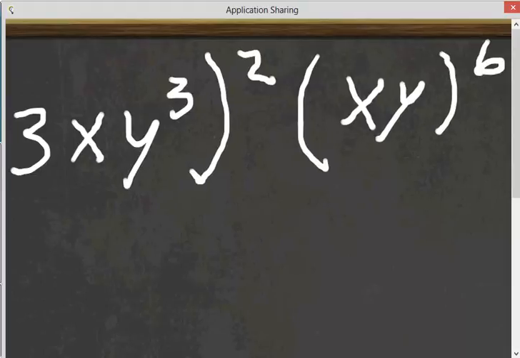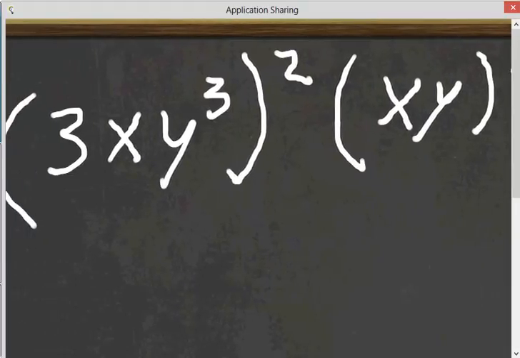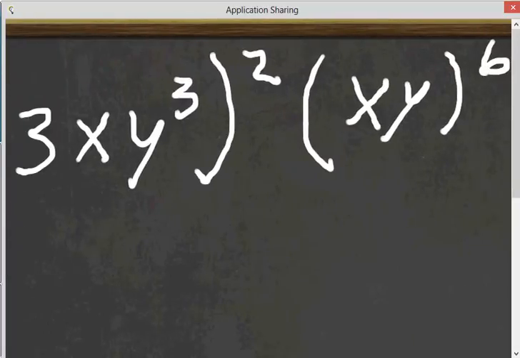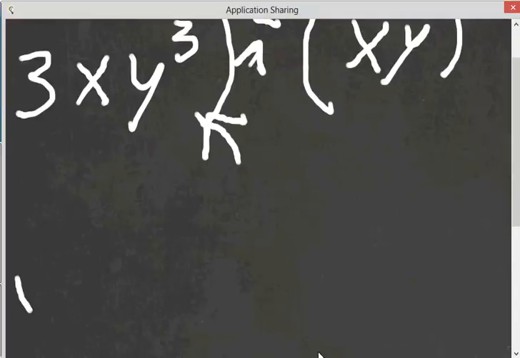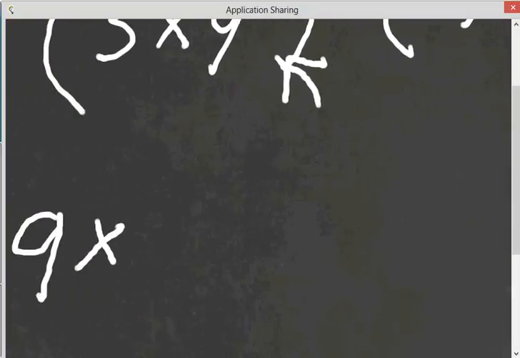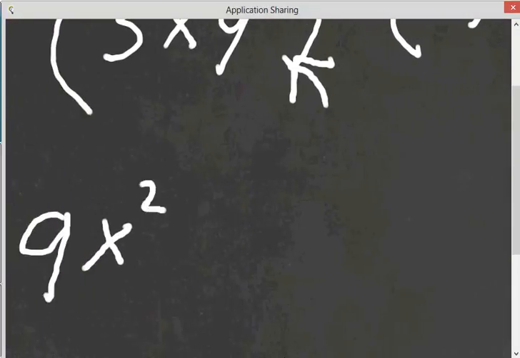Okay, so in this problem, we really want to be careful to remember the order of operations. So we're going to parentheses and then exponents. First we'll raise this whole quantity to the second power. So while 3 squared is 9, x raised to the second power is x squared, because 1 times 2 is 2.